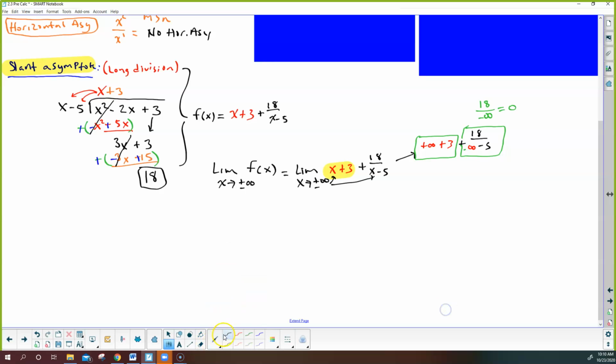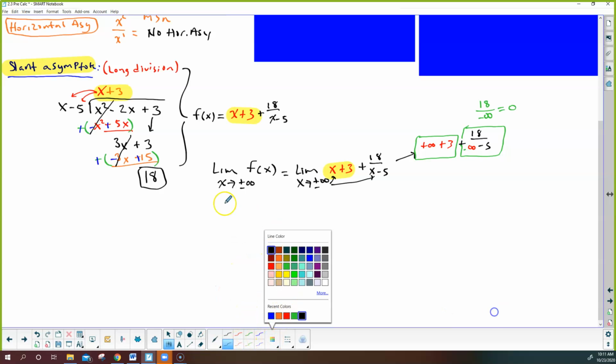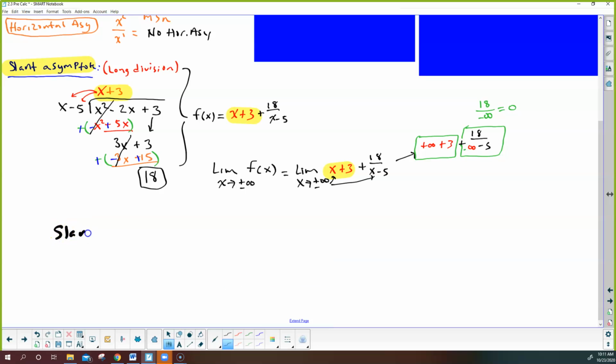Again, you don't have to really grasp or do any of this work. When you get your answer, your slant asymptote is the x plus 3. It's not the remainder. We're going to ignore the remainder. So all you're doing is long division, and whatever your answer is, that's your slant asymptote.